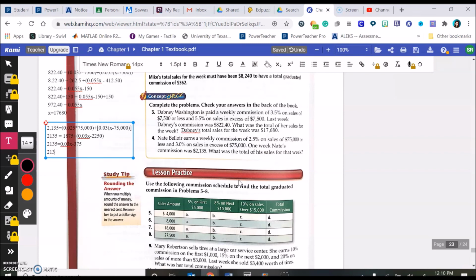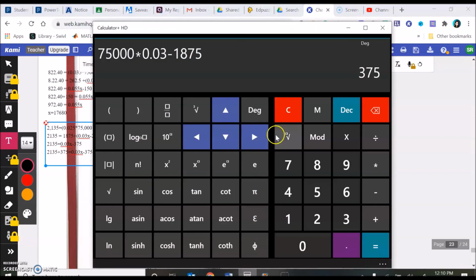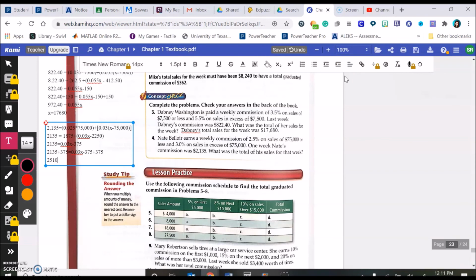I add 375 to both sides, which gives 2,510 equals 0.03x.